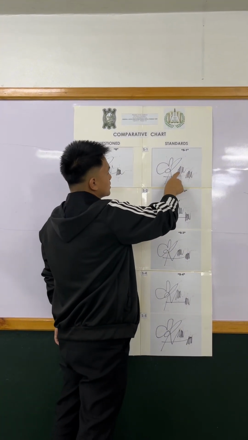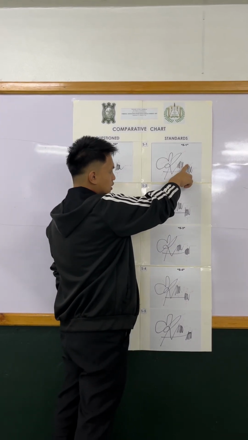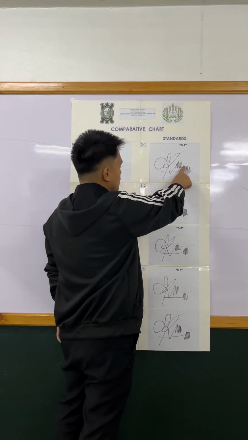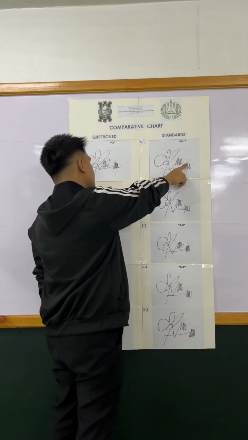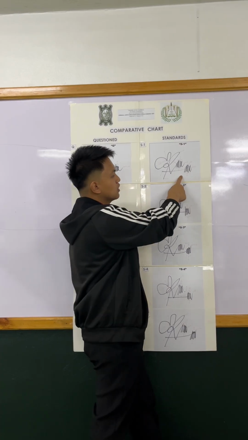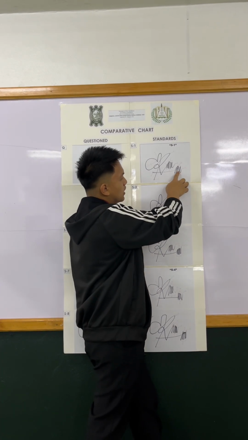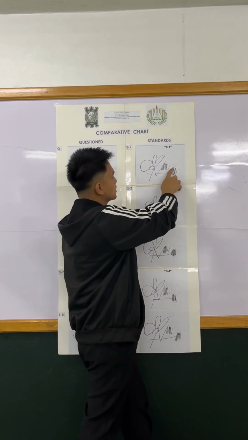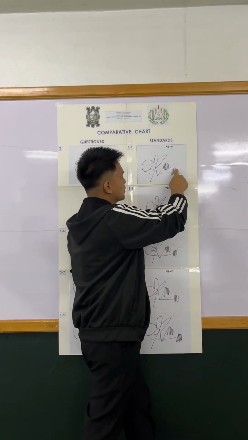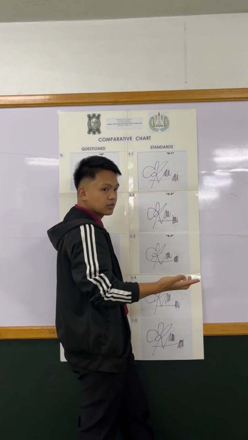So here in this writing, you can see that the writing again ends with a diminishing stroke. So going forward, we read the last part of the signature. If we count again the shoulders, which is 1, 2, 3, 4, 5, there are a total of 5 shoulders.